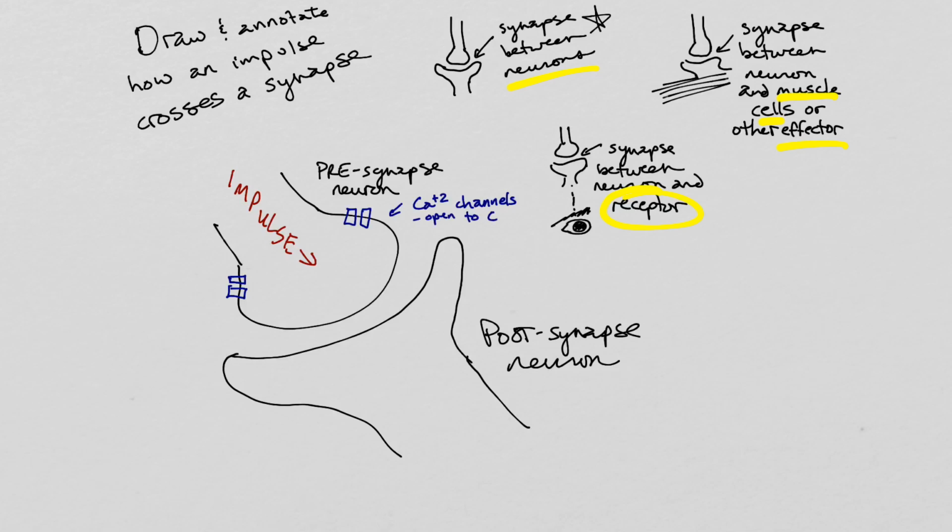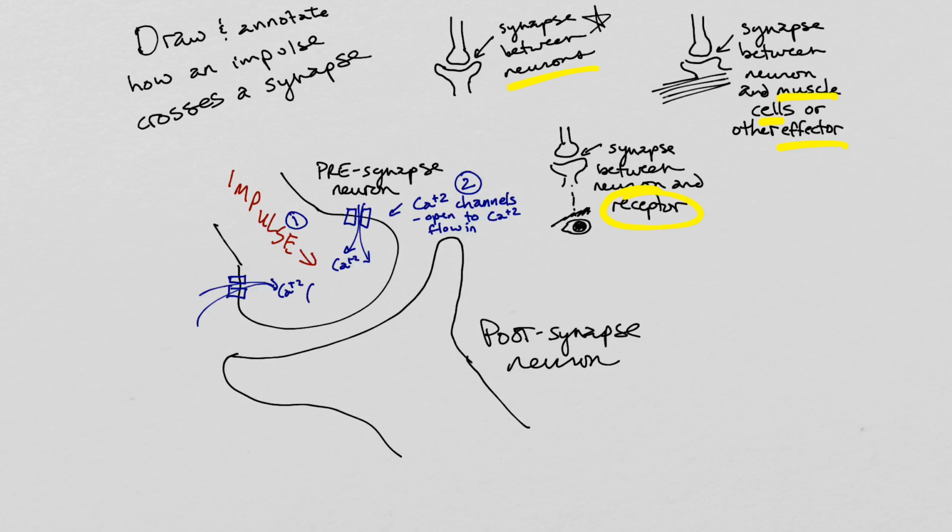This allows the calcium ions to flow into the presynaptic neuron. So we can call this number 1 right here, and this is number 2 right here. So calcium flows into this synapse here. So we get a bunch of calcium ions out here. This is passive transport because there's a high concentration of calcium ions on the outside.